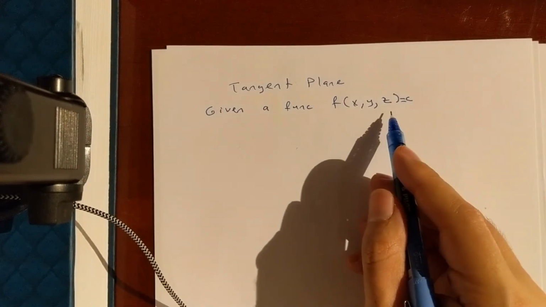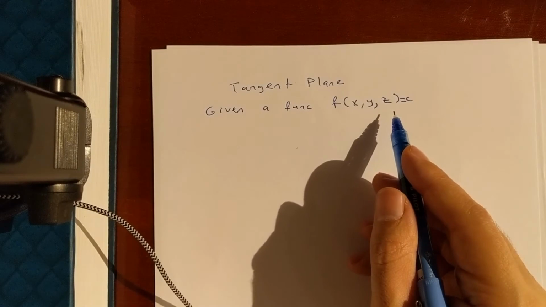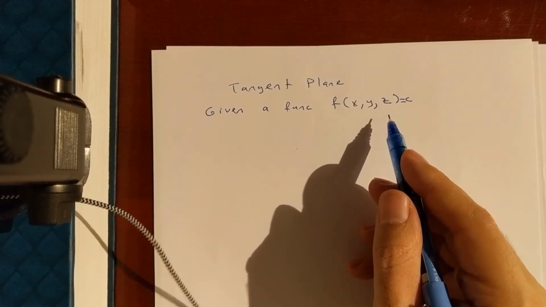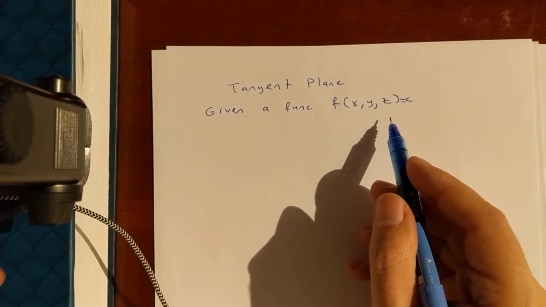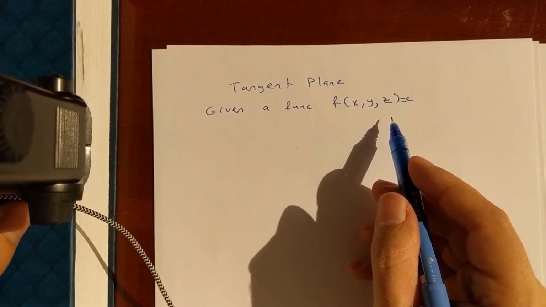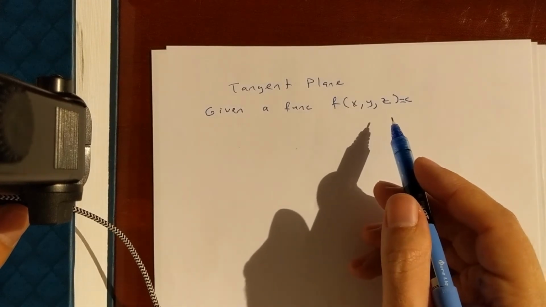This is a function of 3 variables equals c. So it's actually a four-dimensional object. It's like the level curve of the four-dimensional object, but the four-dimensional object doesn't have a level curve. It has a level surface actually.